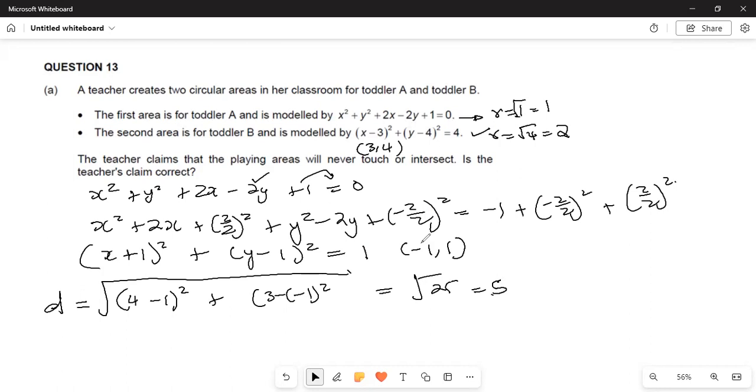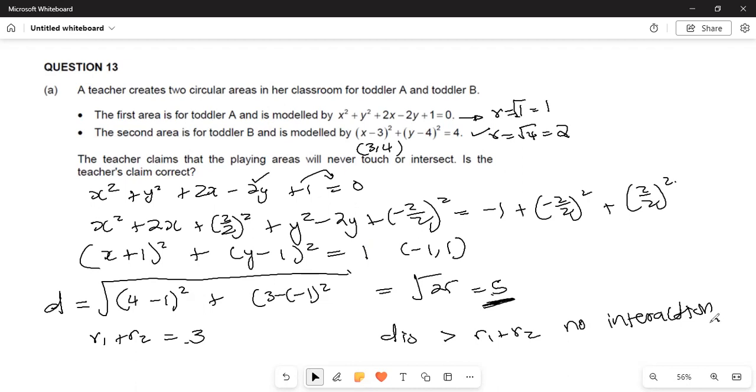So the distance between the circles' centers is 5. And if we add radius 1 to radius 2, we get 3. We can clearly see that the distance is greater than the combination of the two. So we'll say there is no interaction between the two.